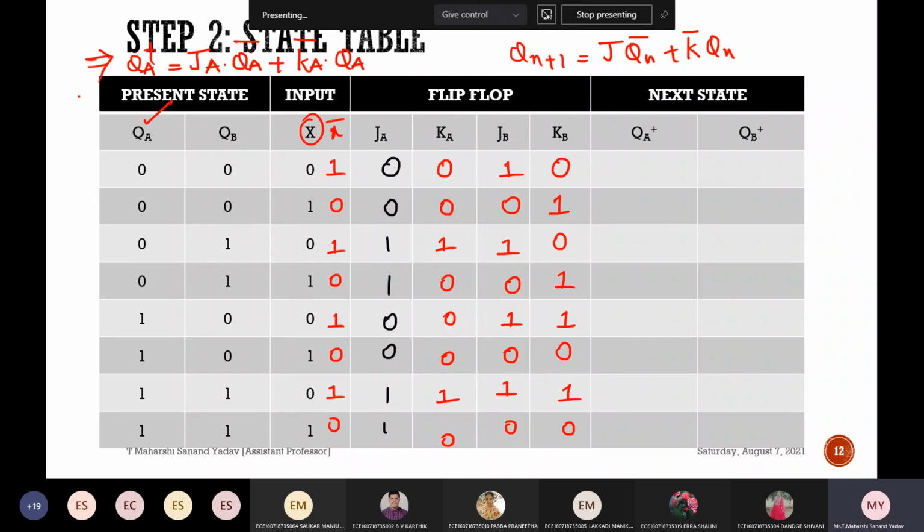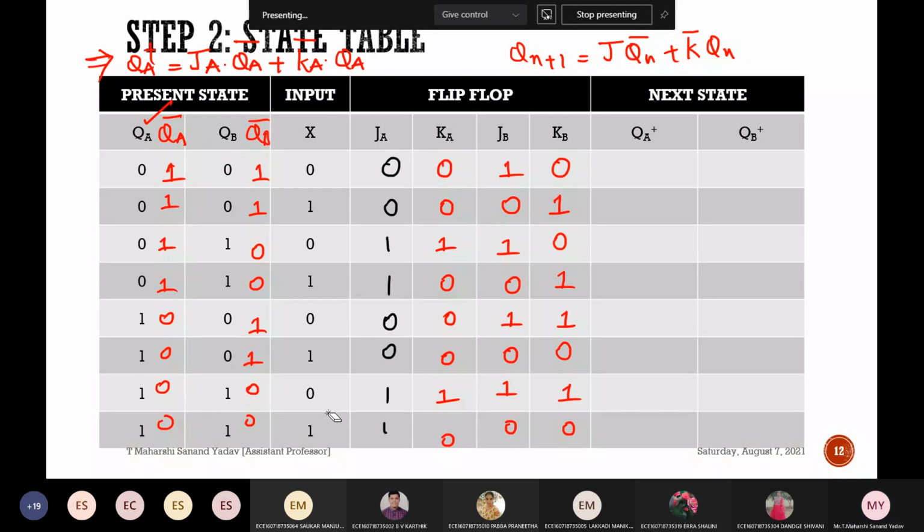Your equation is there, and the answers are also there. So simply focus on JA QA complement. If you want, I'll write QA complement also here. Next, QB complement is 1 1 0 0 1 1 0 0. Now X bar is not needed, so I'm deleting this. Right, you tell me JA into QA bar.